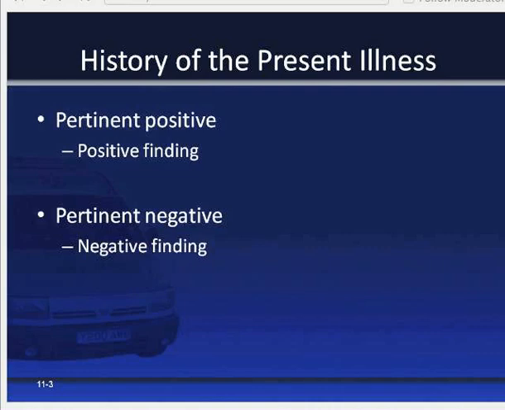When you're caring for patients, a yes pertaining to an illness or injury is considered a pertinent positive or positive finding. A no is considered a pertinent negative or negative finding. For example, when you're caring for a patient who has asthma, pertinent positive findings would include shortness of breath and/or a feeling of tightness in the throat or chest.